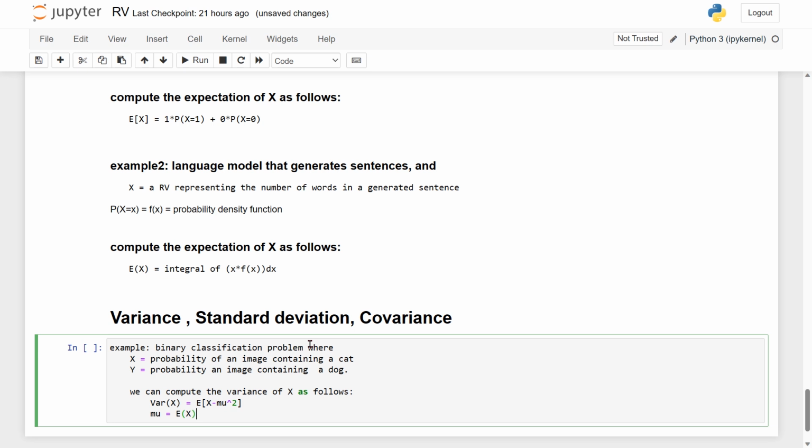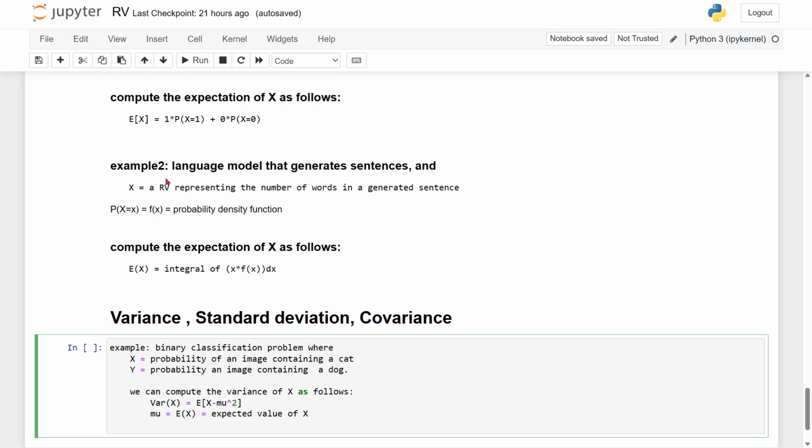So where E of x is the expected value of capital X, and E of (x minus mu) squared is the expected value of the squared deviation of x from its expected value. So this gives us a measure of how much the probability of an image containing a cat varies from its average value. So now if you want the standard deviation, it's the square root of the variance of x. That's it.